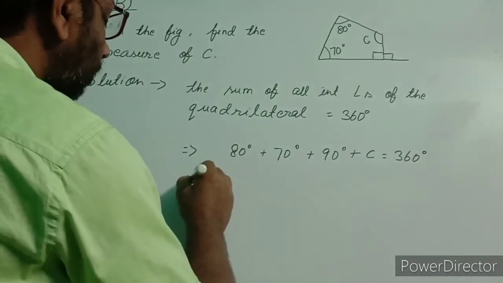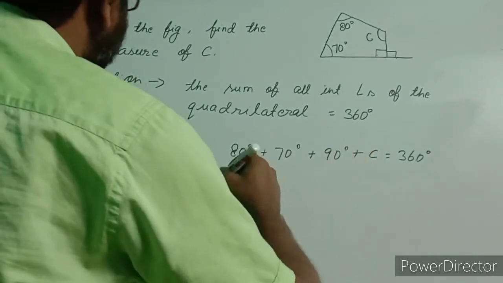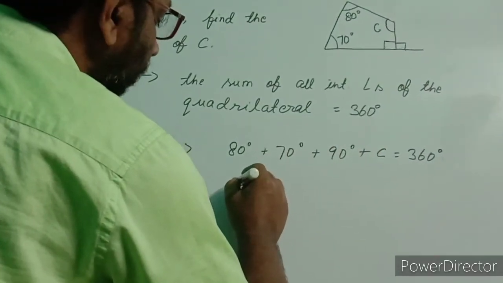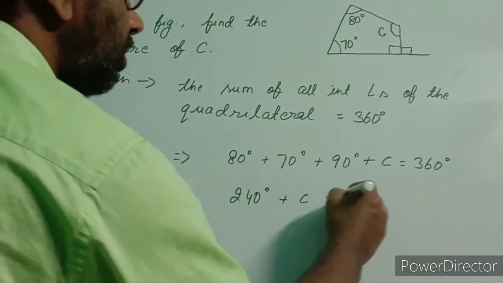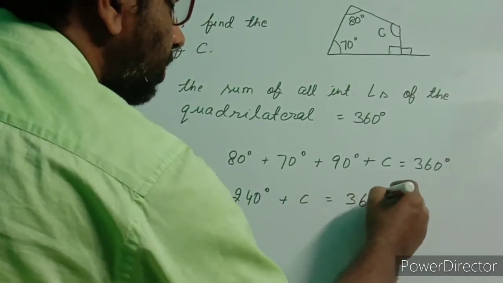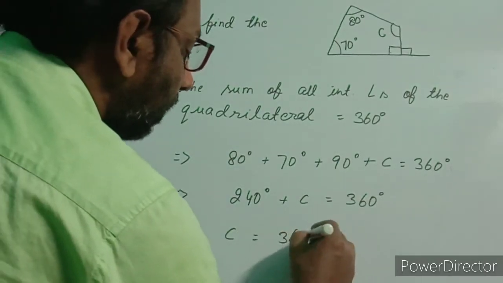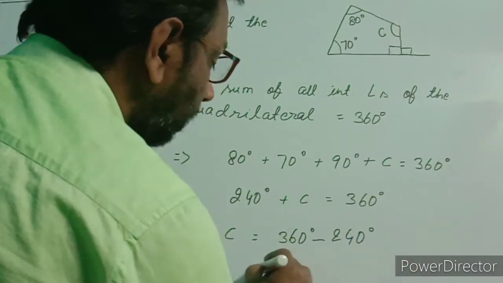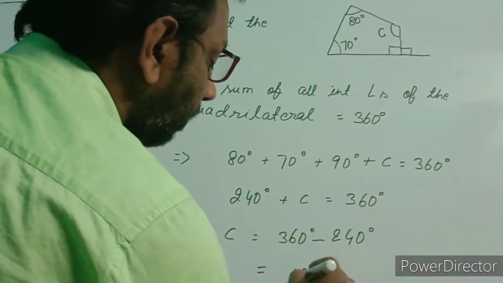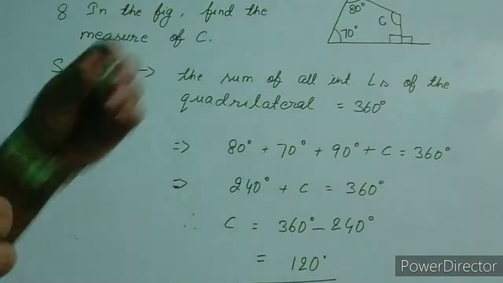This became 80 plus 70, 150, 150 plus 90, 240, 240 degrees plus C equal to 360 degrees. Therefore, C equal to 360 degrees minus 240 degrees equal to 120 degrees. This became the value of C.